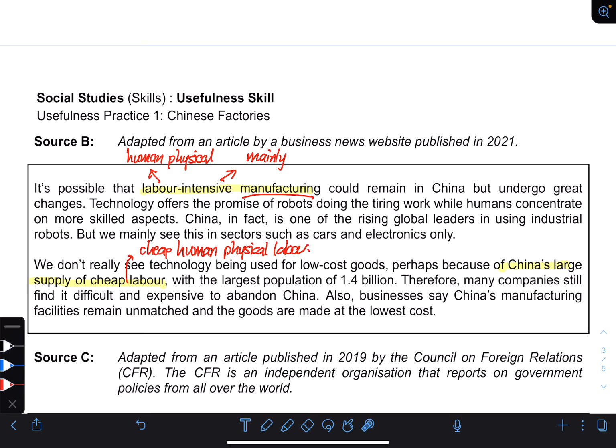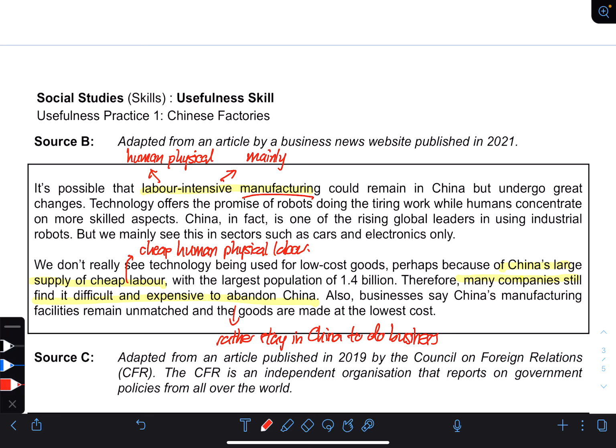And they can do this because they have the largest population of 1.4 billion. So many companies still find it difficult and expensive to abandon China. What does this mean? It means that they would rather stay in China to do business.